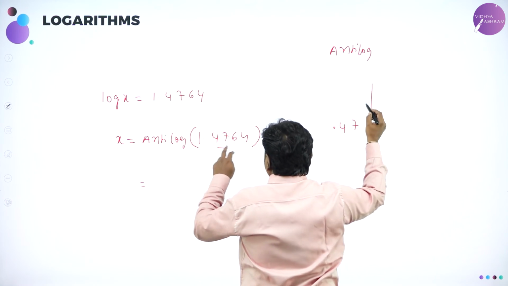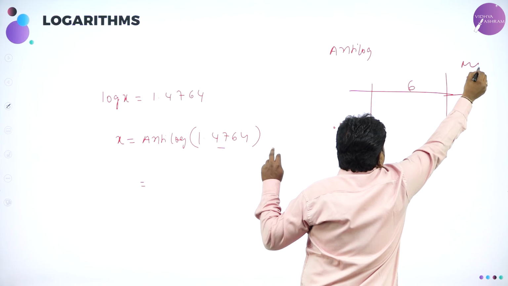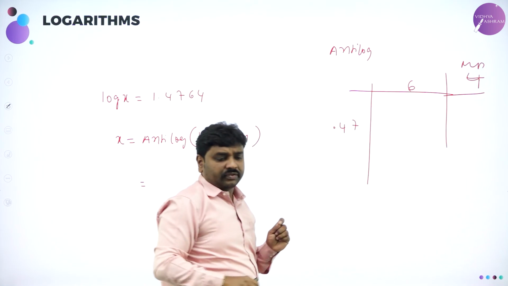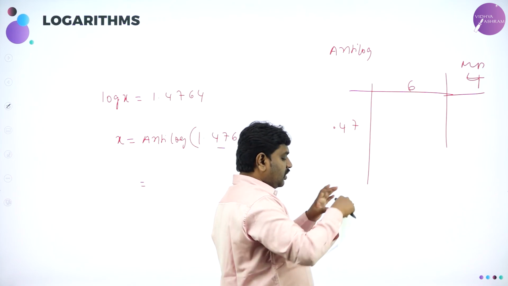Anti-log is the table, 0.47 under 6 under 4, mean difference under 4. So use anti-log.